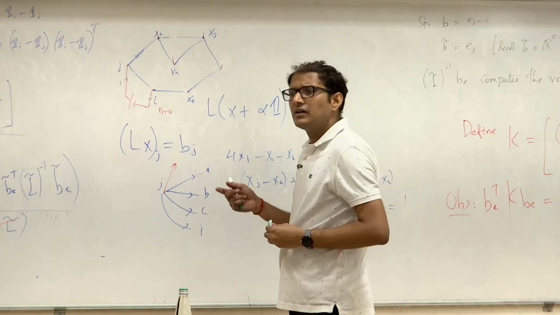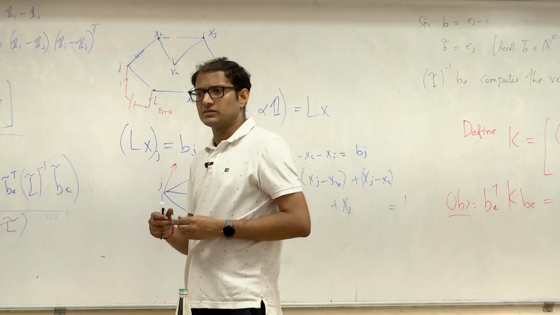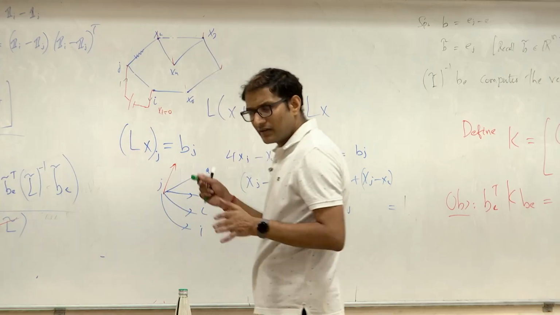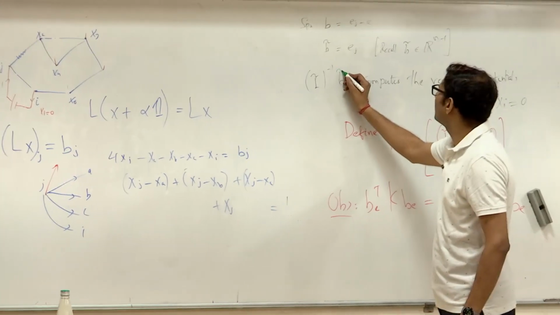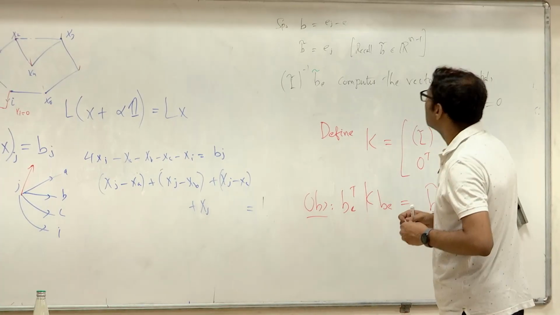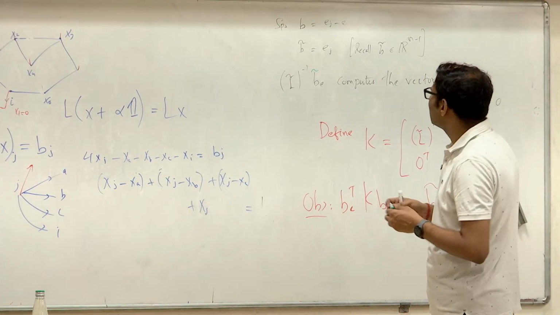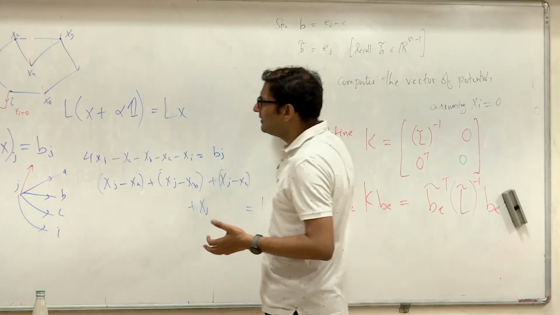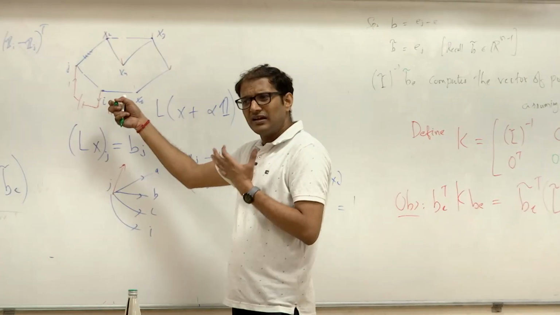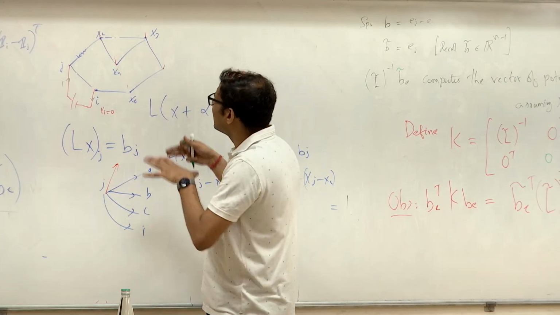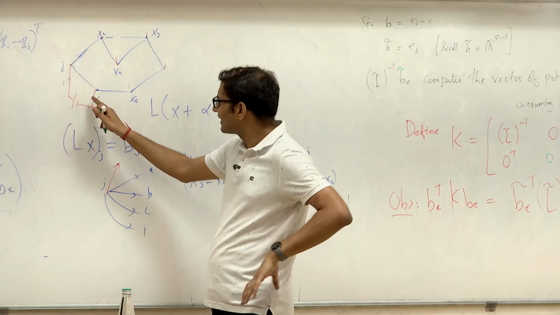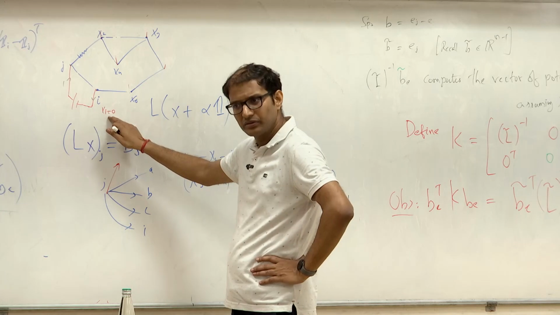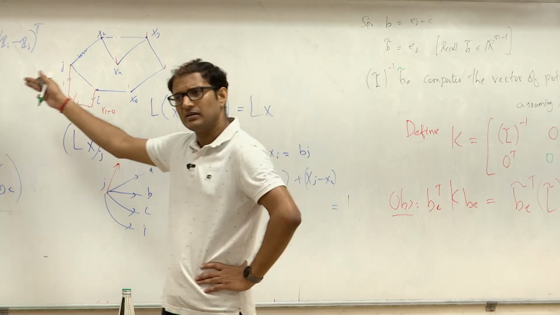So I'm saying that as far as solving linear systems is concerned with L tilde, I should have perhaps written B tilde I over here. So what I'm claiming is that the vector of potentials that you obtain can be inspired from this picture. I'm setting xi explicitly to be 0, and I'm trying to compute the remaining potentials.